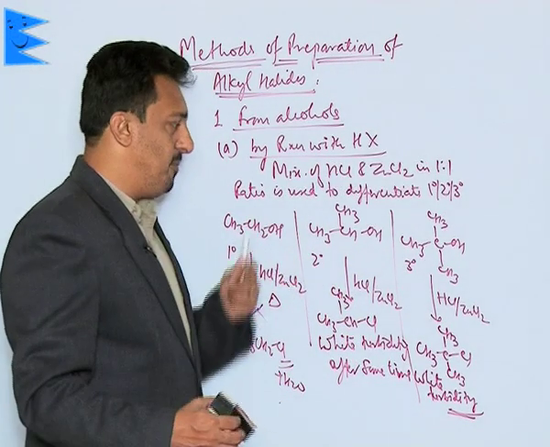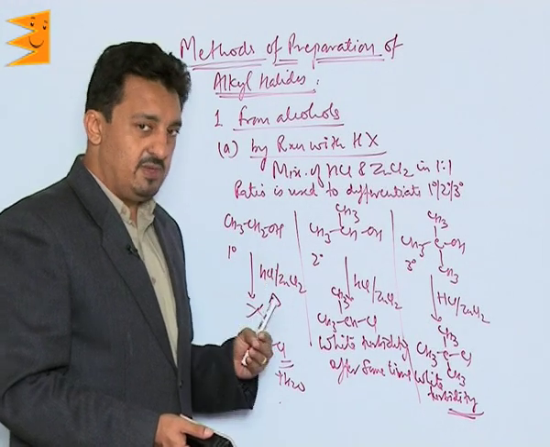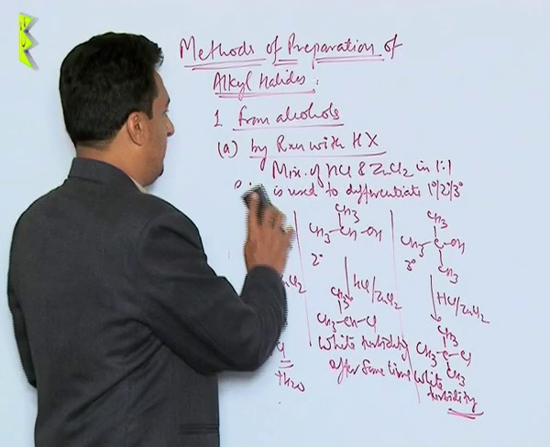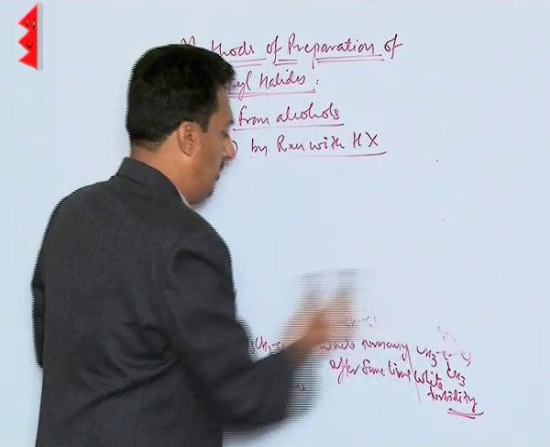Now, if we wanted to introduce bromine in place of the alcohol, we call it bromination.